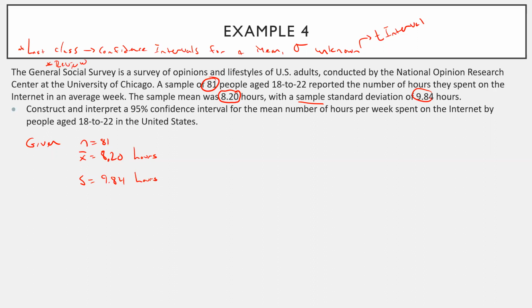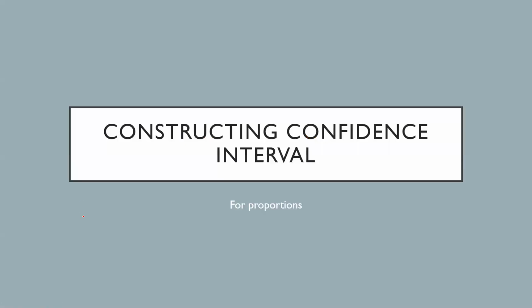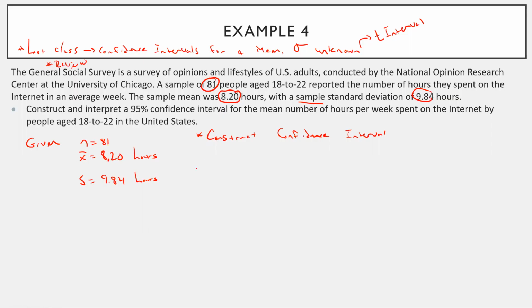So to construct this confidence interval, because you're given S here, are we going to use a Z interval in our calculator or a T interval?